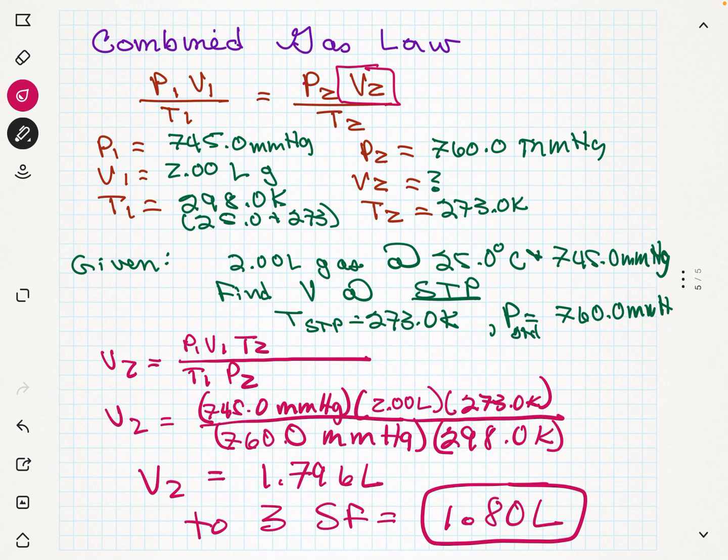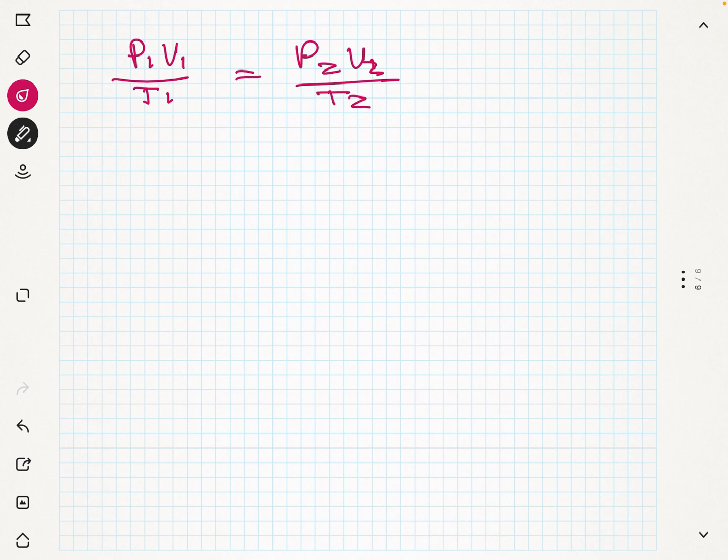Be careful if you're solving for P1 V1 over T1. If you're solving for a T2 here, be careful not to solve for 1 over T2. If we're solving for this variable, you need to move it to the numerator.